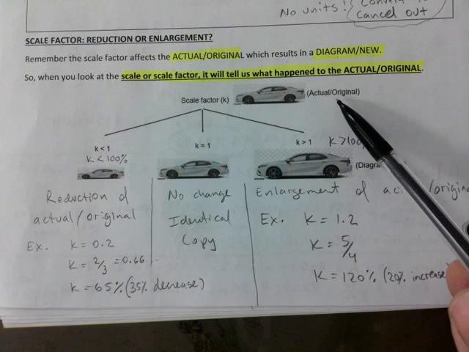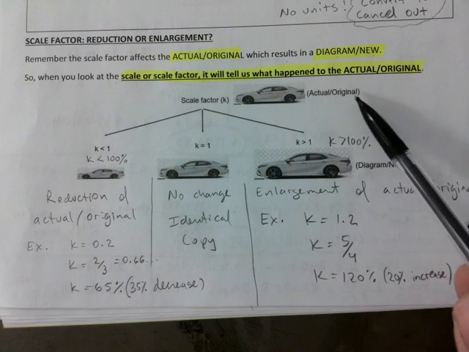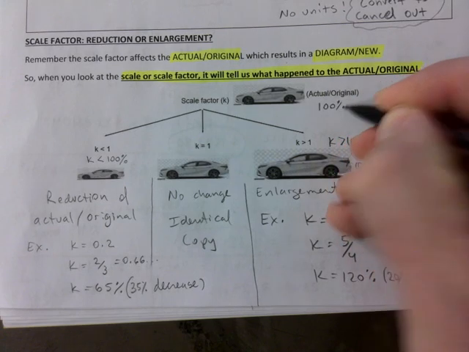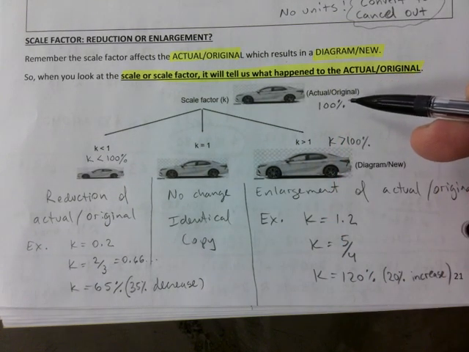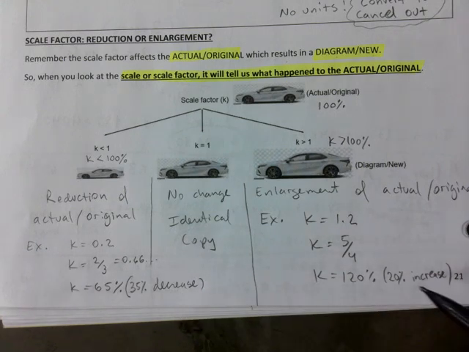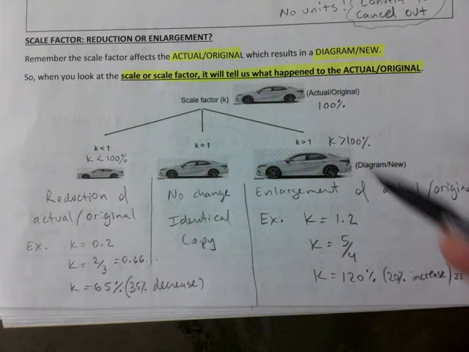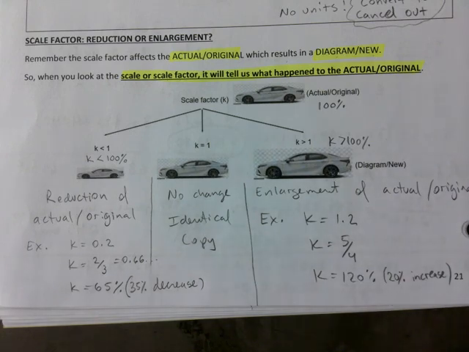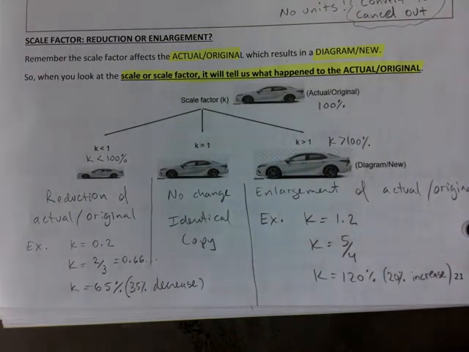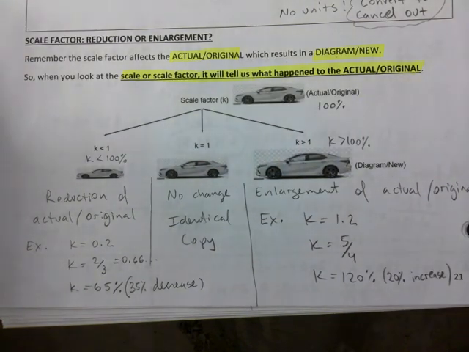So if you see my pencil up here, this is our 100%. This is our starting point. And if we go down to 65, well, there was a 35% decrease. If we are at 120, well, we've gone up by 20%. So that's an important concept to remember.